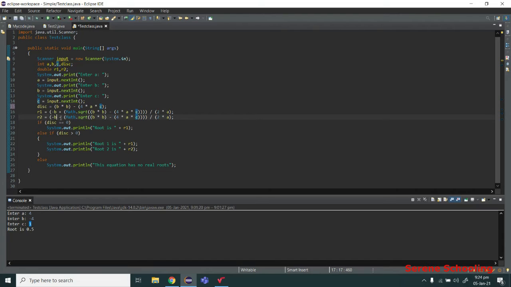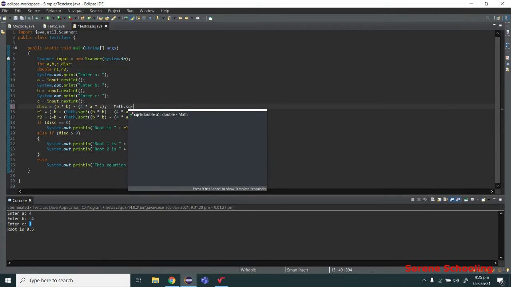Let's look at it here. First I have written negative b, then I'm using the plus sign, then I'm using Math.sqrt. It calculates the square root of any number. For example, if you want to calculate the square root of 5, you will pass the value of 5 into the square root function, like this.